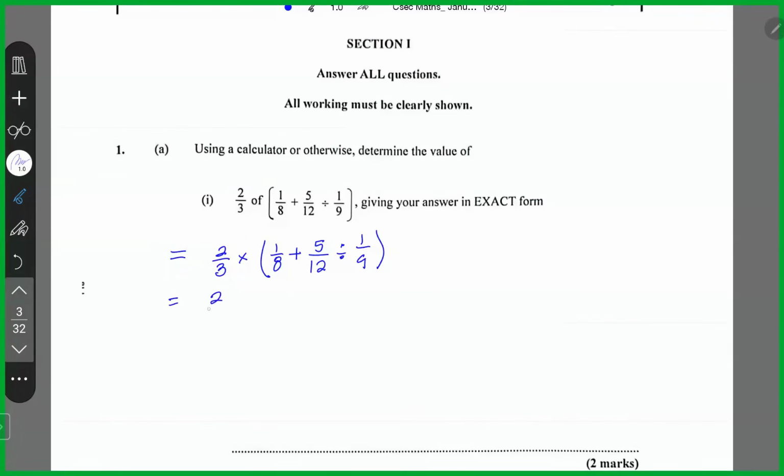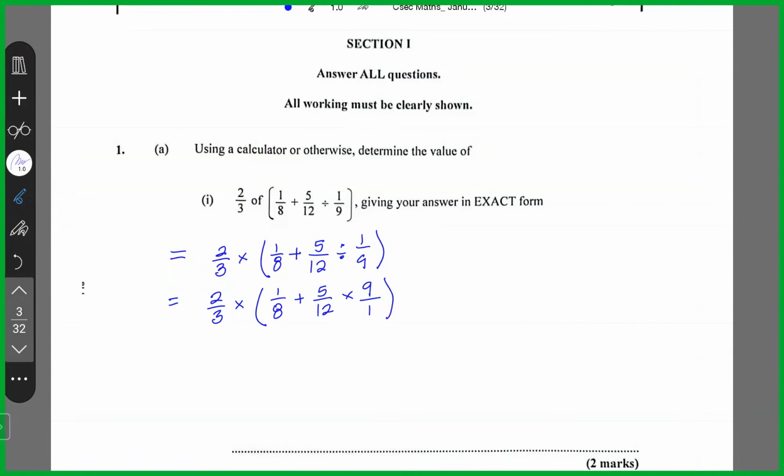So this is 2/3 times 1/8 plus 5/12 multiplied by 9/1. How do we divide by a fraction? We keep the first fraction, change the division sign to multiplication, and then invert the fraction that we're dividing by.